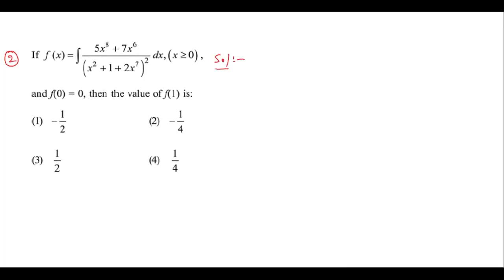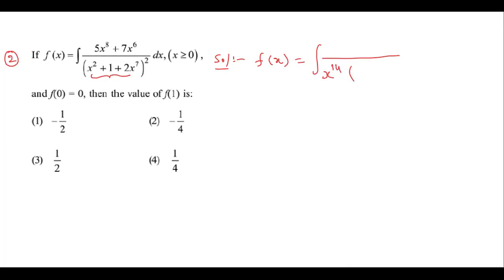Now see that f of x is equal to integration. In the denominator, I am going to take x power 7 common, but the whole square is there, so it comes outside as x power 14.